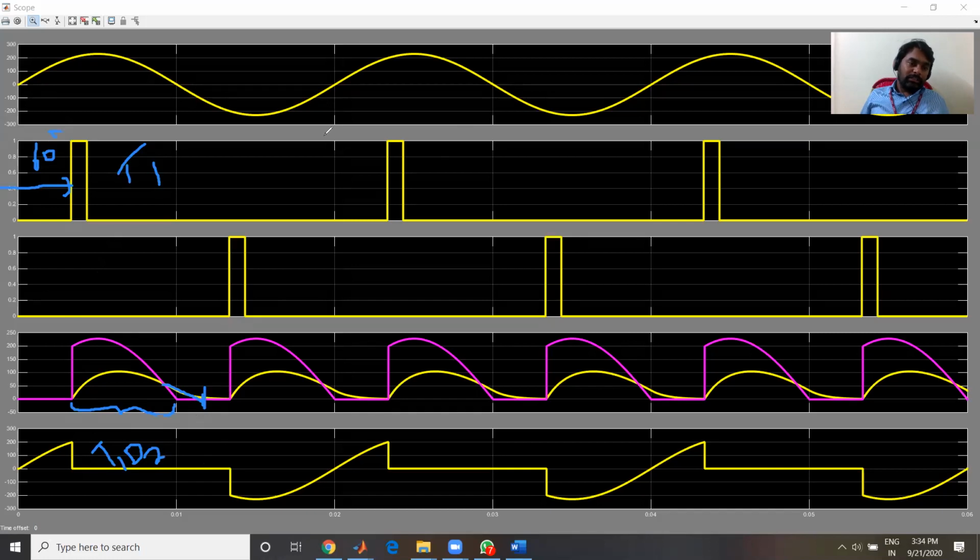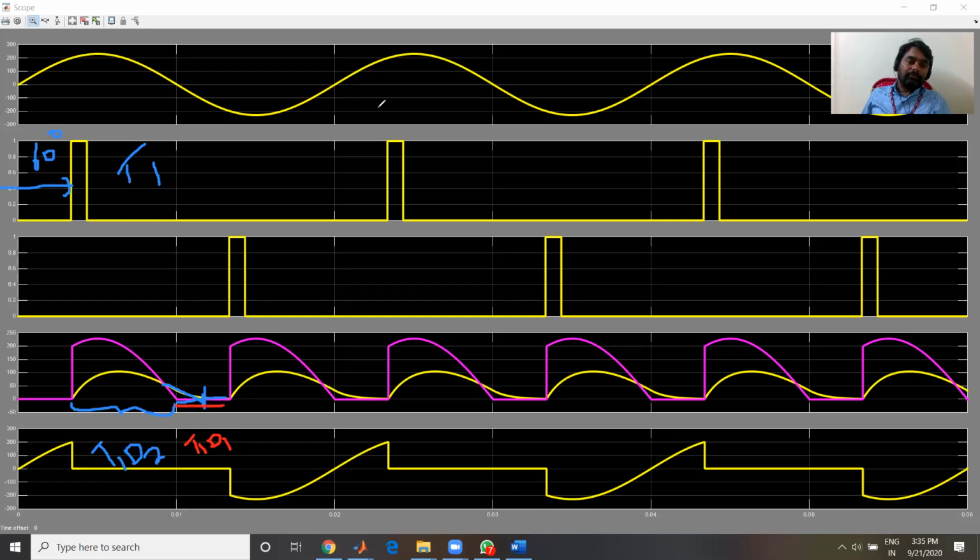And now you can see during this discharging period, there is no output voltage, because during this interval, T1 and D1 are short circuited, and T1 D1 forms leg A. Now the complete leg is short circuited and it is connected to the load. So there is a short circuit across the load, which is done with the help of T1 and D1. So we'll get zero voltage.